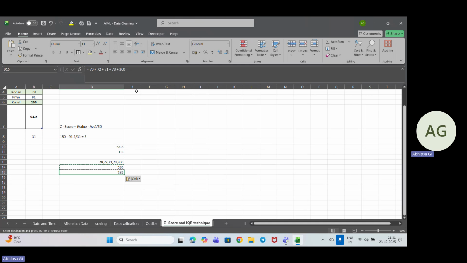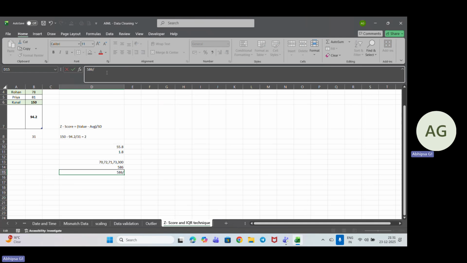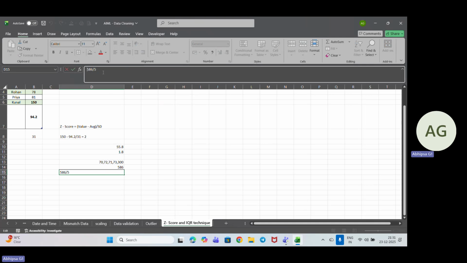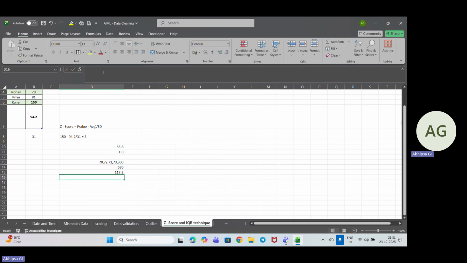And we have to divide it. Yes, we have to divide it by 5. So we have got the value 117.2.